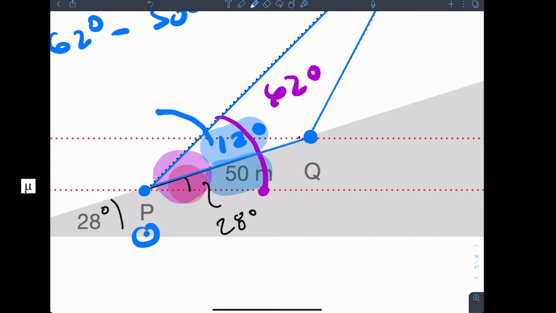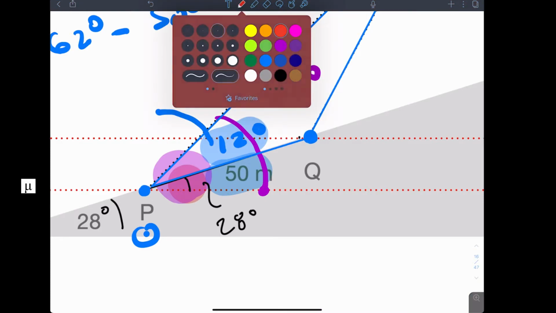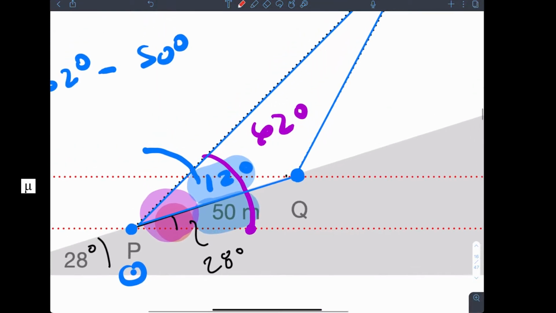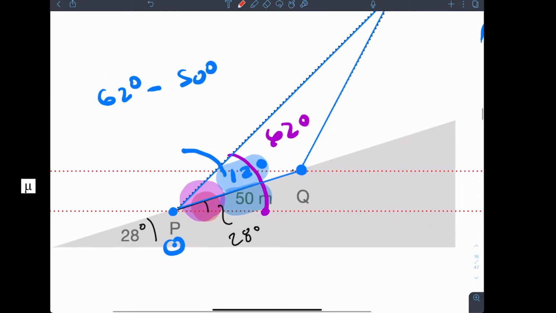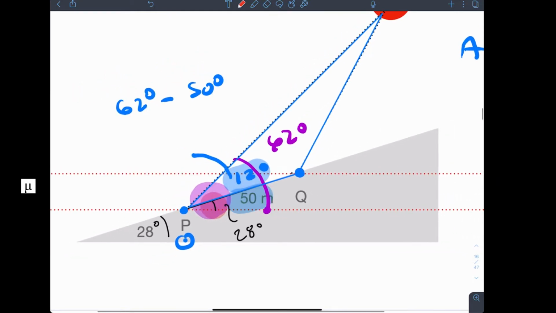Now, remember here, for the other angle, how do we get this angle now?